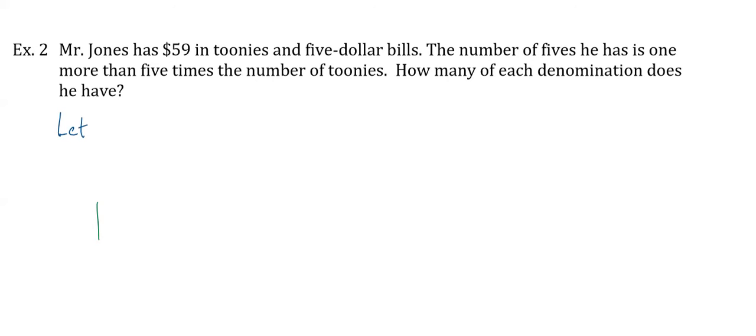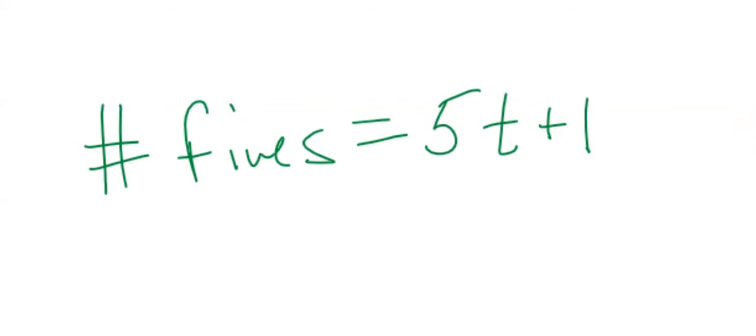The number of 5s is 5 times the number of toonies, but it's 1 more than that. So if I take that and add 1, that will equal the number of 5s. The number of 5s is 1 more than 5 times the number of toonies.